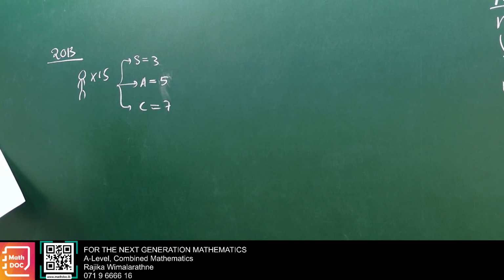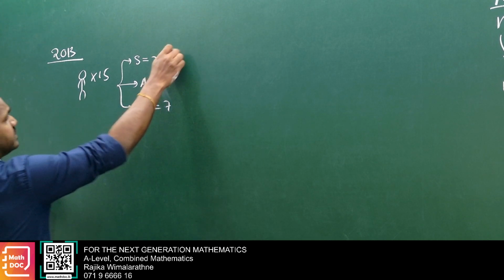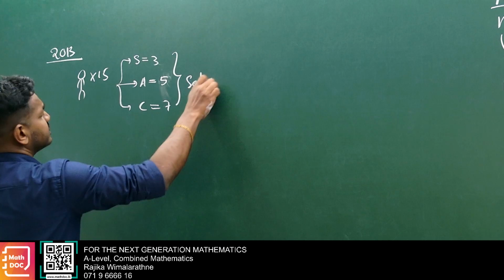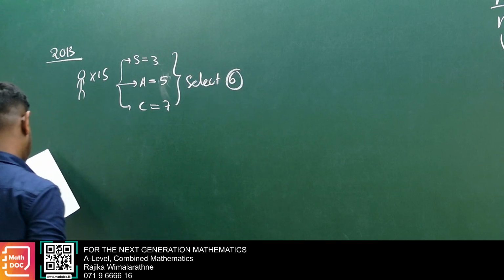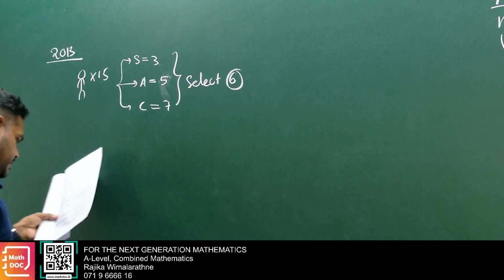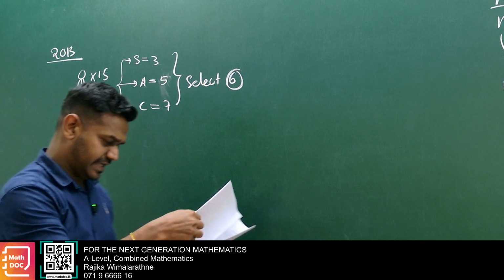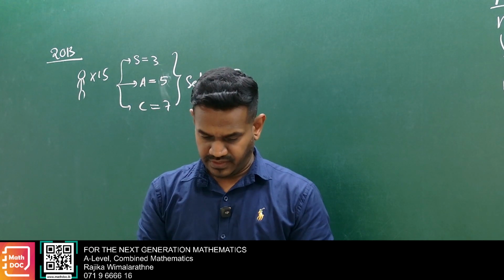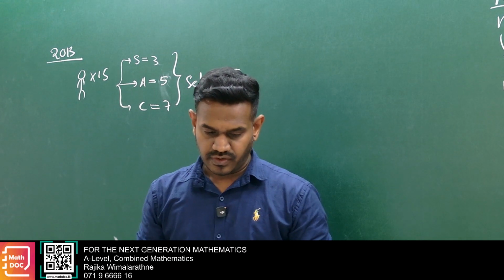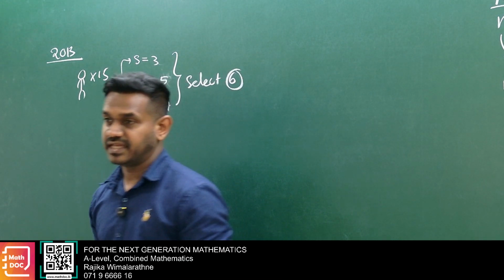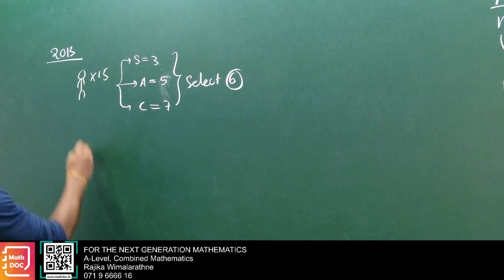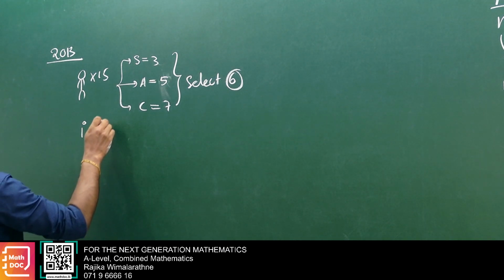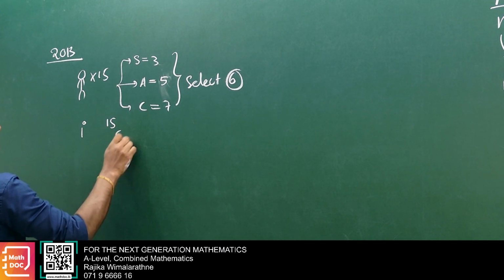It is required to select 6 students. Find different ways in which this can be done. If first one, all 15 students are eligible to be selected, then all are distinct now. Then we have to select 6, 15C6.